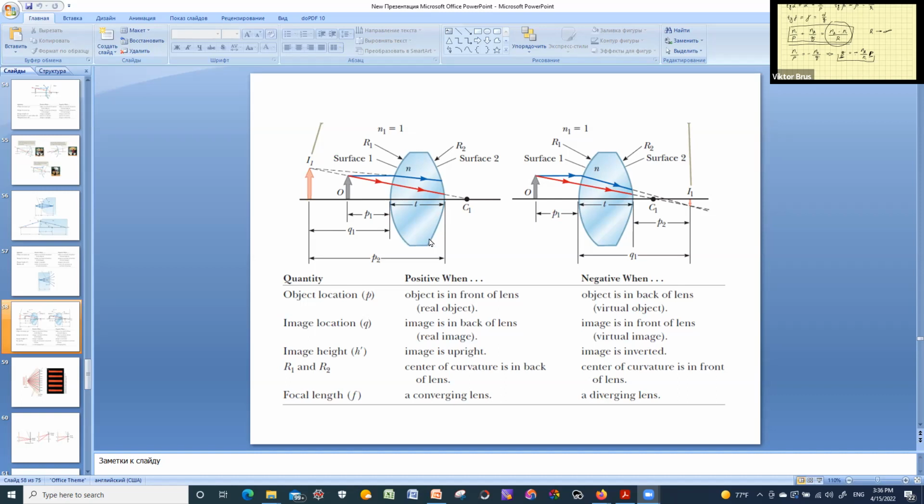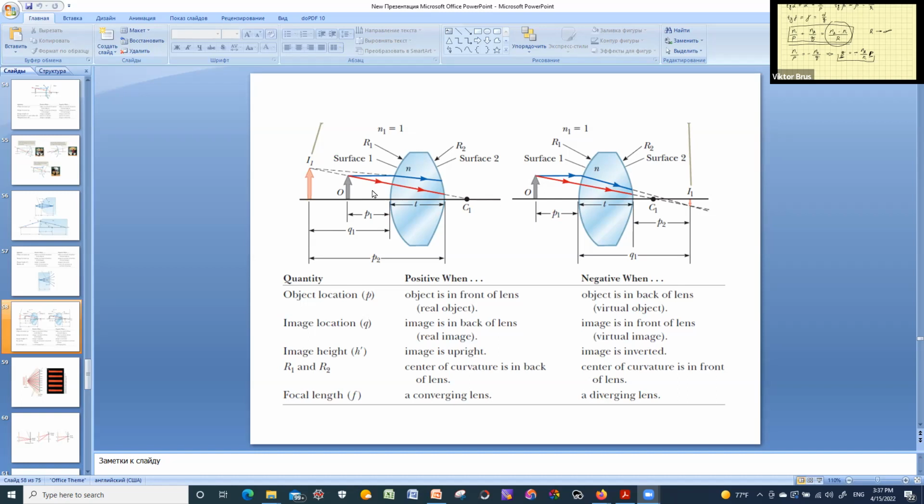There could be different combinations, but let's say two curved surfaces with different radii or the same radii. We have a first interface between two transparent mediums, one with refractive index 1, let's say air, because usually we deal with lenses in air.